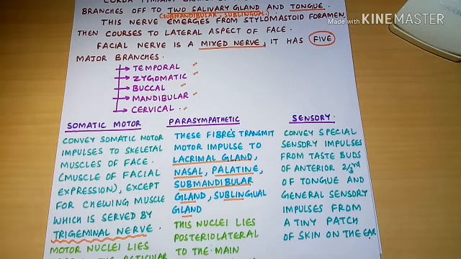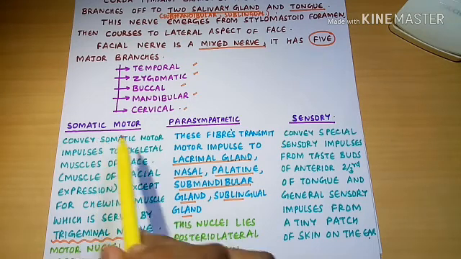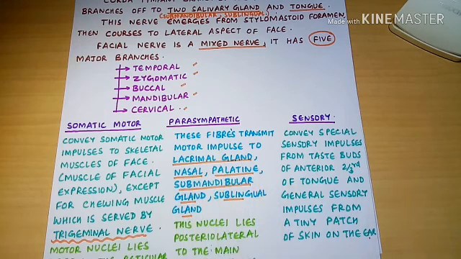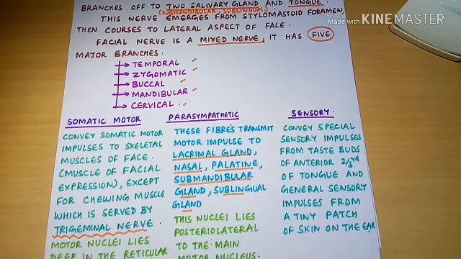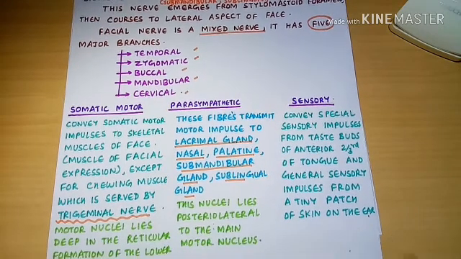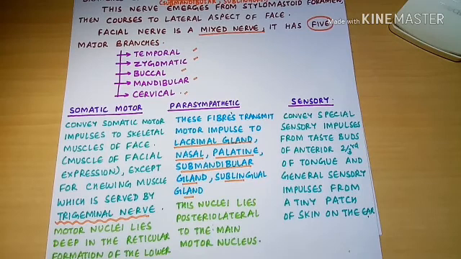In general, these types of fibers have their respective nuclei also. The motor nuclei lie deep in the reticular formation of the lower part of the pons. We know that the reticular formation is present in the full length of the brainstem. So in the lower part of the pons, where the reticular formation is present, the somatic motor fibers of the facial nerve have their nuclei.